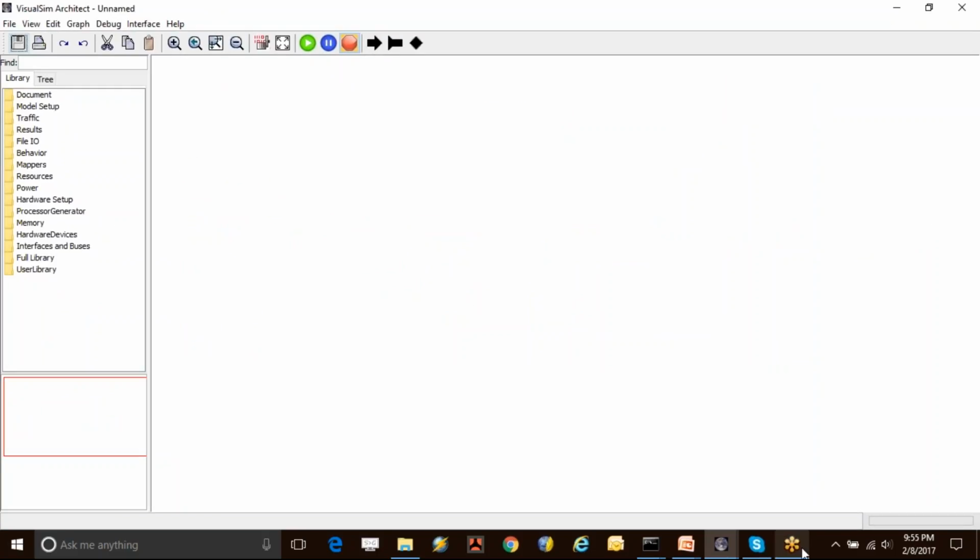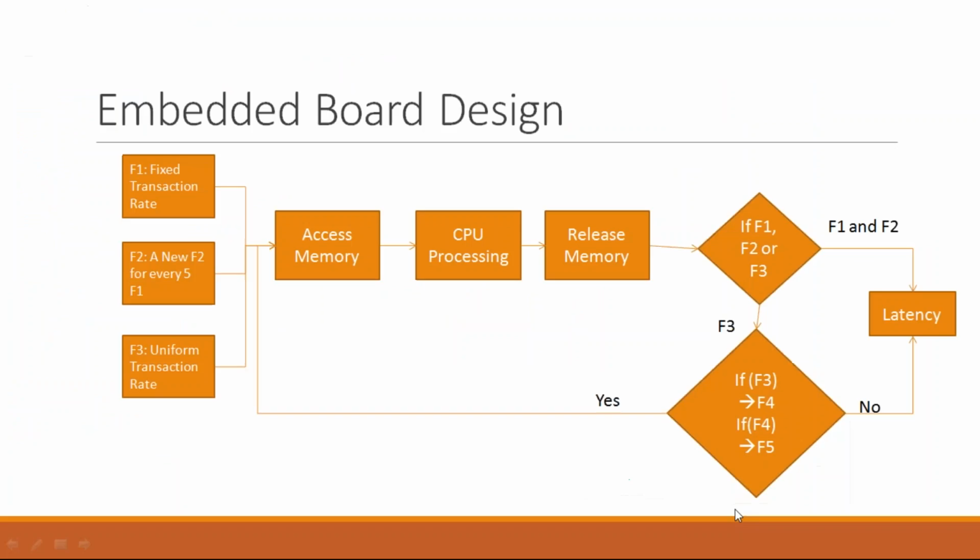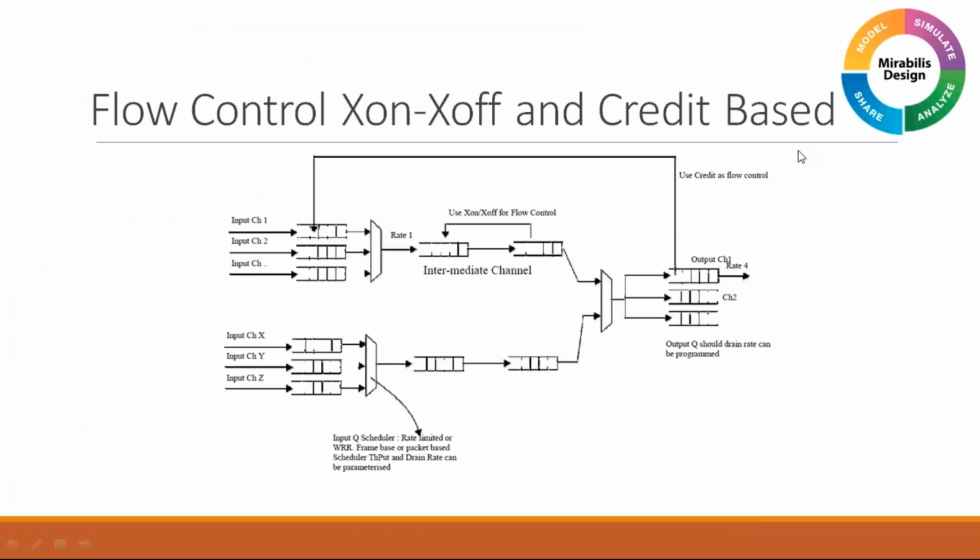Okay, so in this tutorial, I'm going to go back to the slides here. In this tutorial, I'm going to model flow control logic for XON/XOFF and credit-based. I'm going to combine both XON/XOFF and credit-based flow control in a single model.